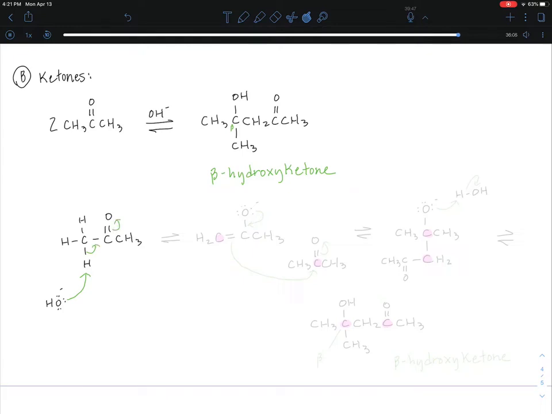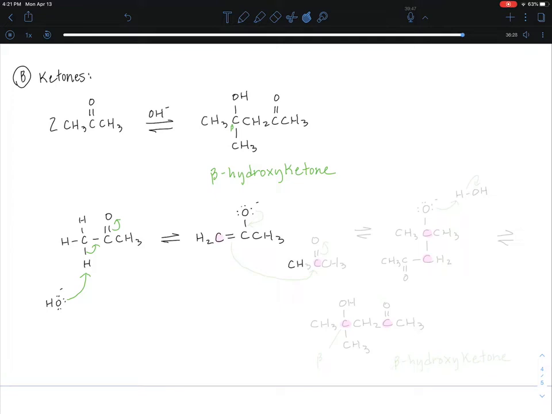You can go through the carbanion and do the resonance, it's fine. I'm going straight for the enolate because it's going to be our more contributing resonance form. So there's your enolate. And that is ready to attack.